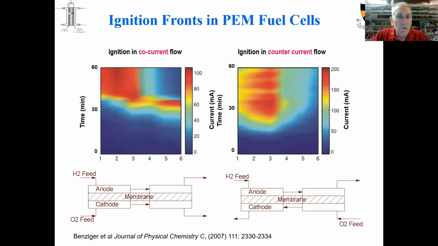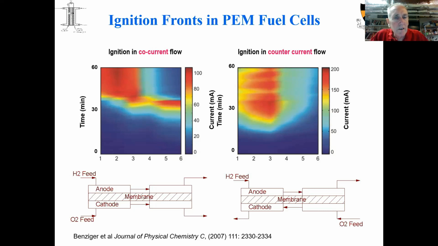And so we actually set up an experiment where we could do this visually and look at the position along the flow channel, from positions 1 to 6. We looked at the current as a function of time. And what we find is if we had co-current feeds, we see initially ignition at the outlet at position 6.